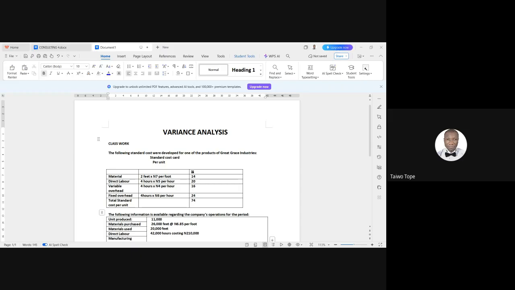Now, moving to the variable overhead. Under the variable overhead, we can also have two forms of variance that can be computed. What are they? Expenditure variance and efficiency variance. For the expenditure variance, how will you come up with your variance?